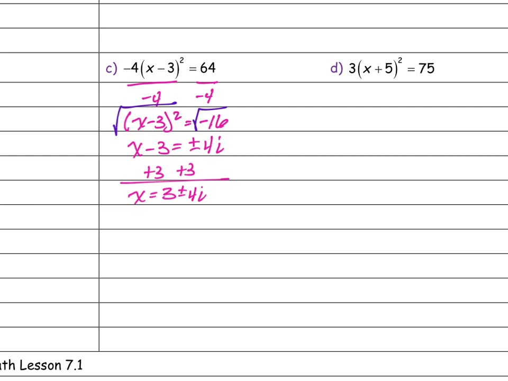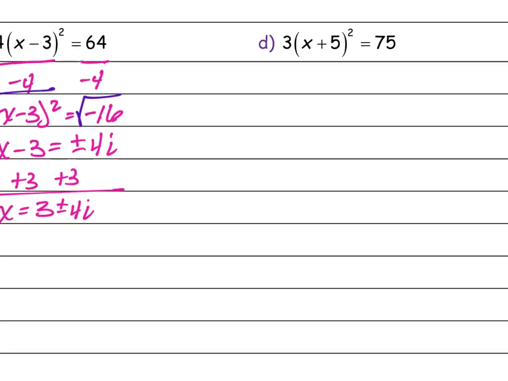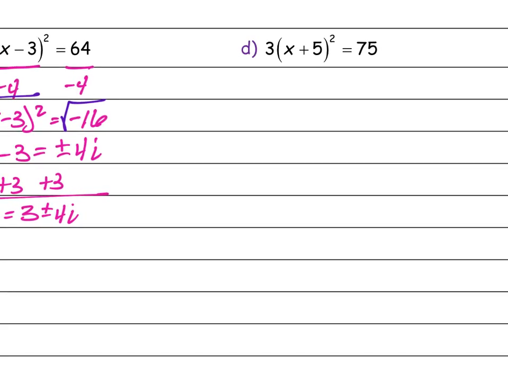And then the last one, I'm going to divide by 3. And I'm going to get x plus 5 squared equals 25. And then I square root it.